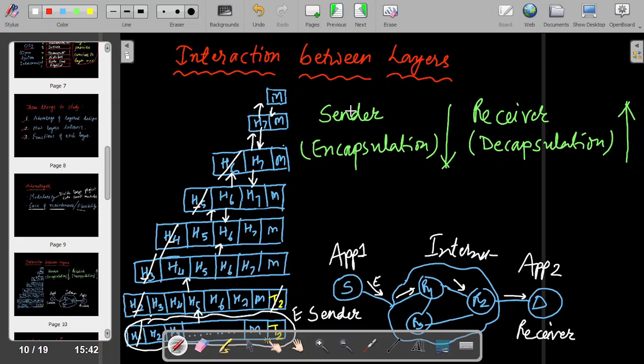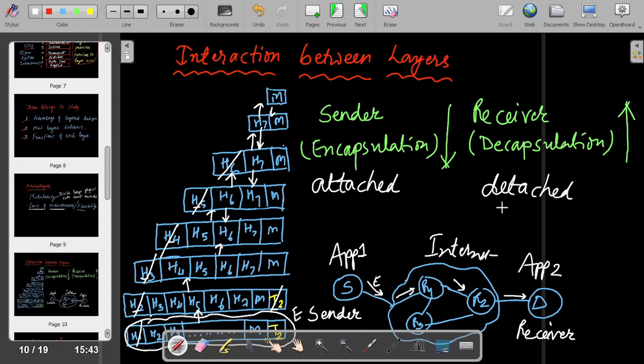So if you observe, at the sender side, headers are attached, and at the receiver side, the headers are detached or removed. At the sender side, the journey of the message is from top to bottom, from the application layer to the physical layer, and at the receiver side, the journey of the message is from bottom to top, that is from the physical layer to the application layer.